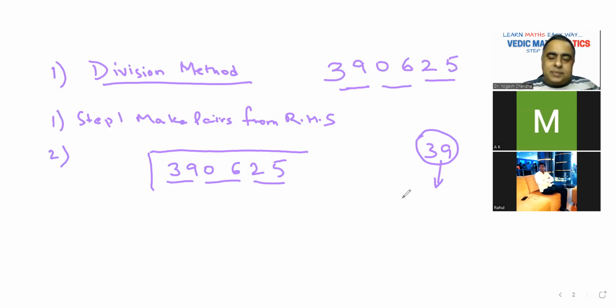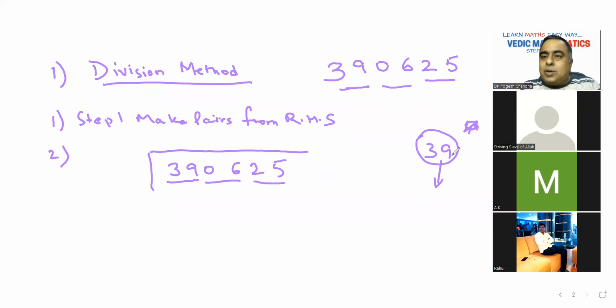Less than a square doesn't mean you will find 49. Less than means we have to subtract from this. What is the nearest perfect square? It should not be more than 39. Now the nearest square which is less than this is 36.